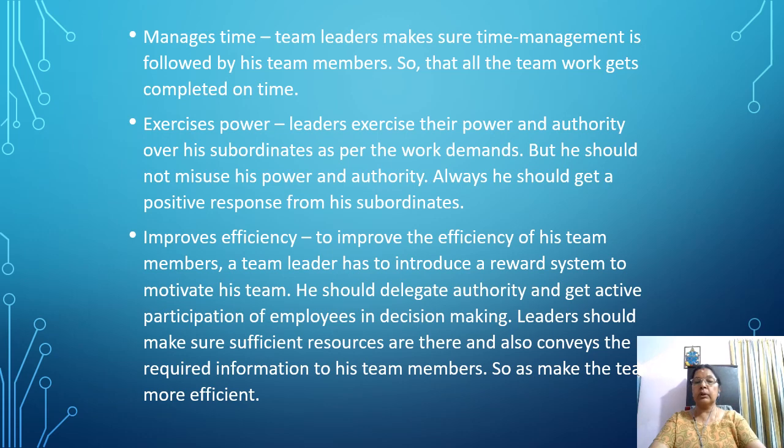He should make sure that all the resources required by the team members are made available to them, and that the information they require is also available to the team members. Only then can the team function efficiently and achieve the common goals of the team.